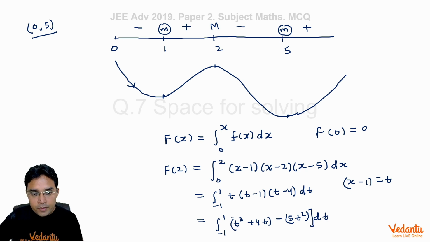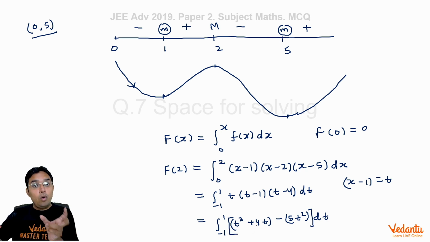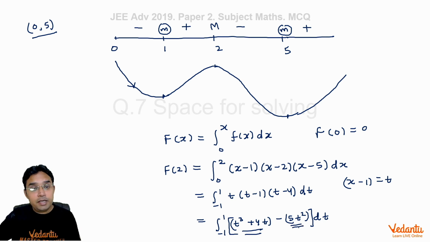You can see this first bracket represents an odd function. So for limit from minus 1 to 1, this integral will be directly 0. Okay, whereas second one is even function, so we can write 0 plus 2 times the integral from 0 to 1 of minus 5t square dt.